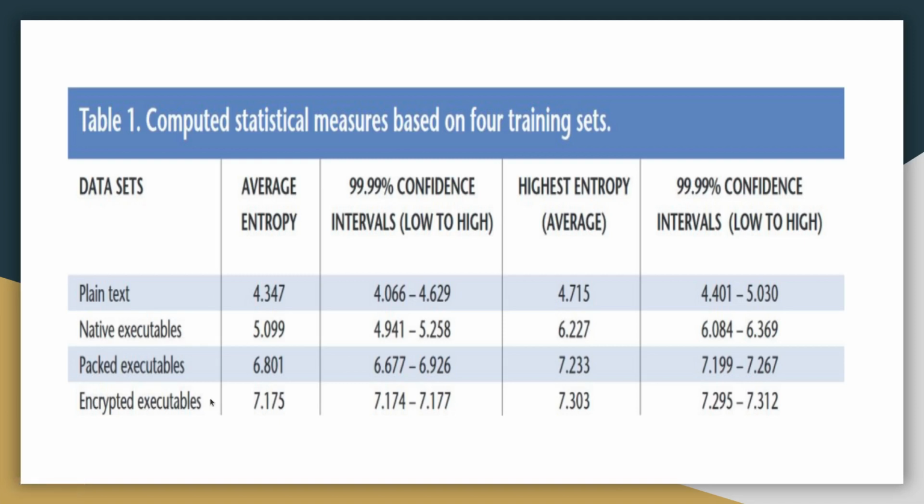Encrypted executables over here are going to be between 7.295 and 7.312, and here's the highest entropy average. We can see the intervals from low to high, the confidence.